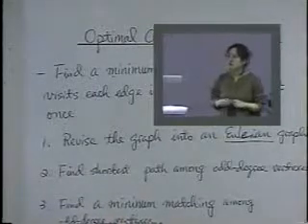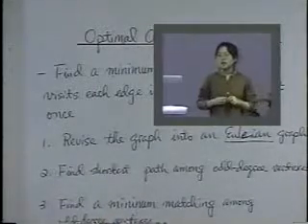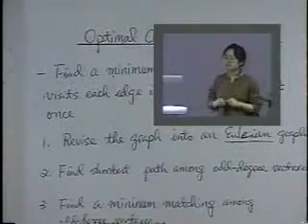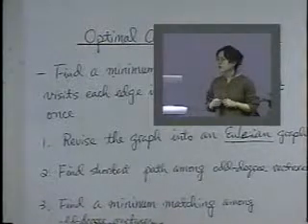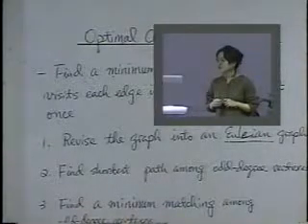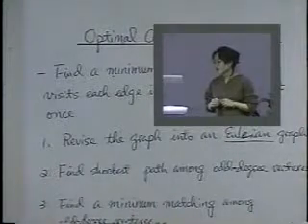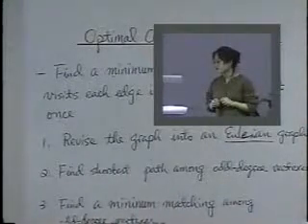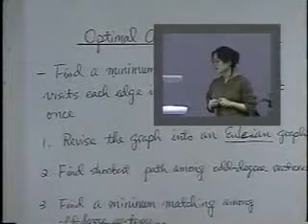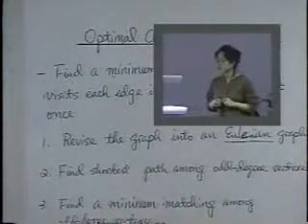So this problem becomes a problem of finding a minimum matching between all the odd degree vertices. So how do we find this minimum matching among the odd degree vertices?